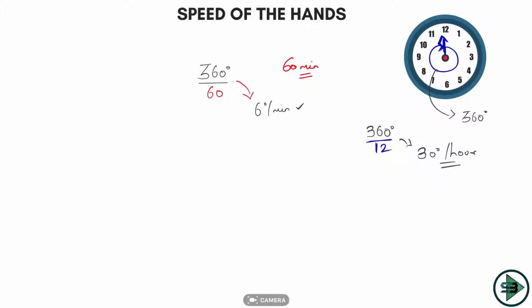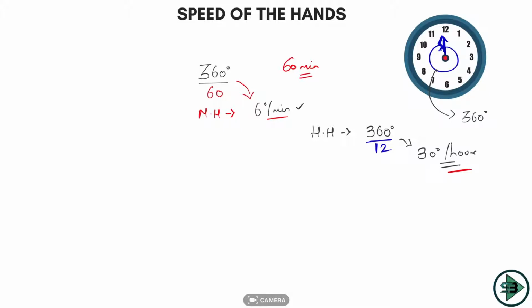Now that is the speed of your hour hand. That is 30 degrees per hour, and you already know the speed of your minute hand is 6 degrees per minute. Now you can see this one is in terms of per minute and this is in terms of per hour. So we'll have to convert this per hour to per minute.